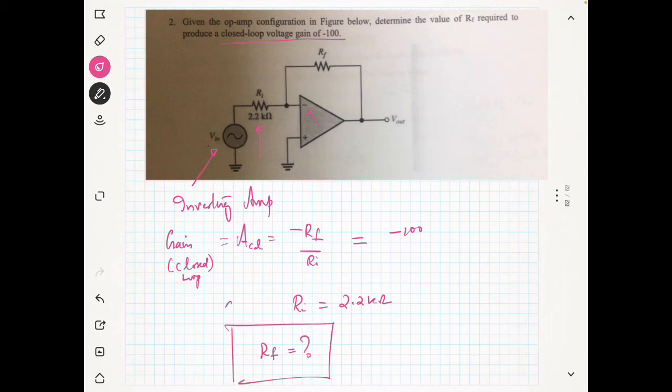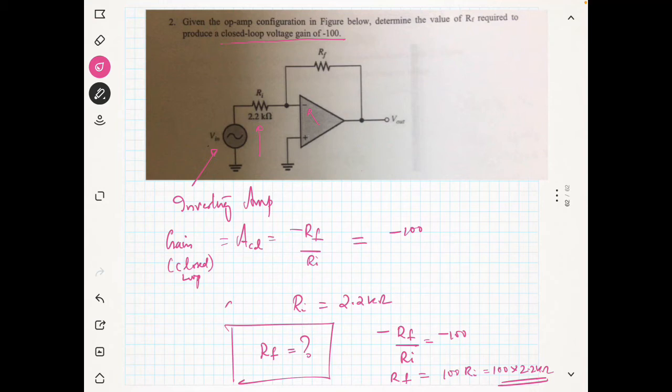I know that minus RF by RI is equal to minus 100. That means my RF is equal to 100 times RI, which is 100 times 2.2 kilo, right? So this is a very simple problem anyway. I hope this is clear to you.